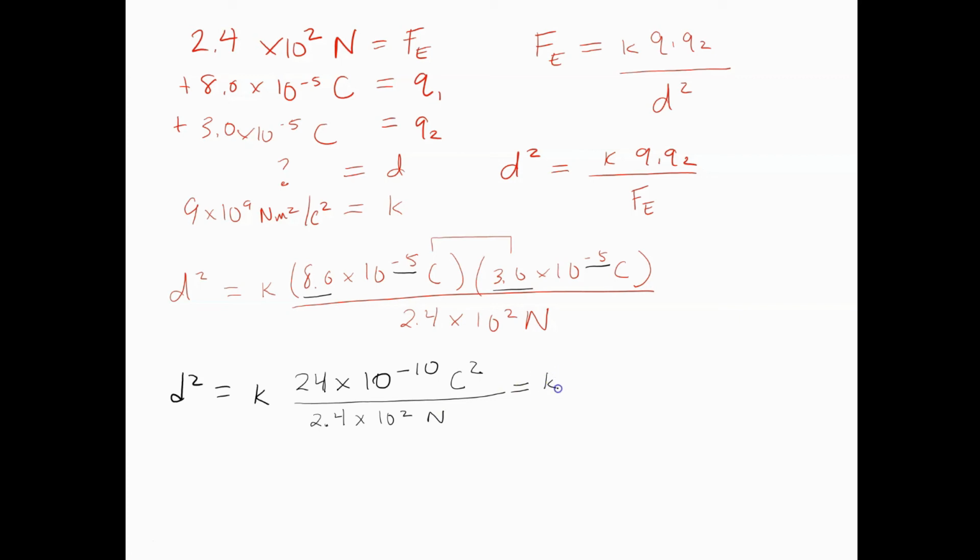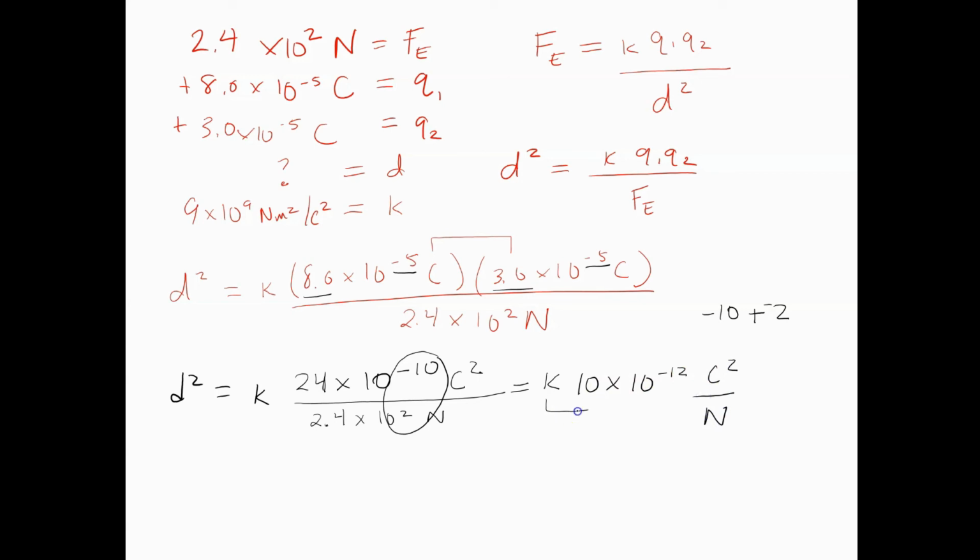Now we're going to divide. Well, 24 divided by 2.4 very nicely works out to be 10. 10 times 10 to the, I'm going to subtract these, it's going to be minus 10 minus 2. Minus meaning plus the opposite. So 10 times 10 to the negative 12. And the units are going to be coulomb squared divided by a newton.